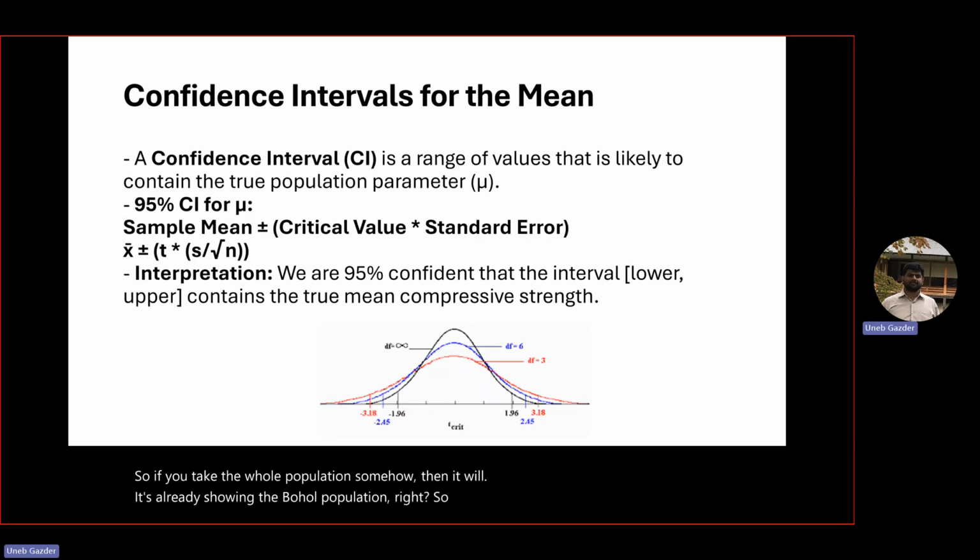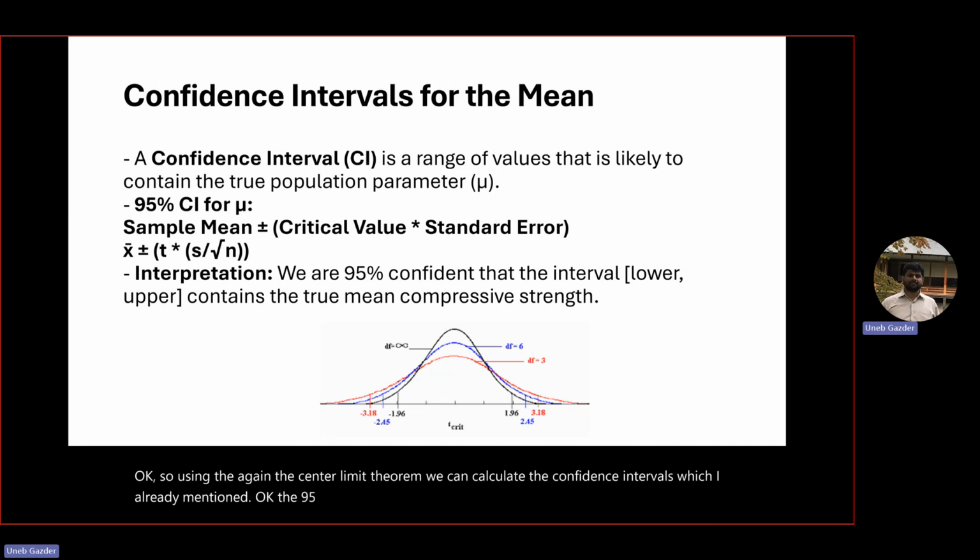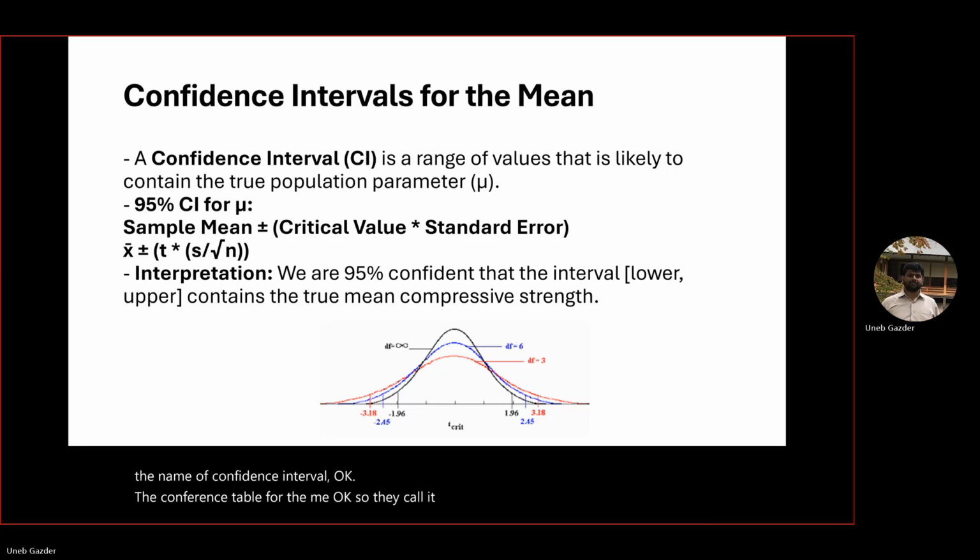So now you see the magic of the central limit theorem. How does it work? How can it benefit us? Using the central limit theorem, we can calculate the confidence intervals, which I already mentioned: the 68%, 95%, 99.7%. They give it the name of confidence interval, the confidence interval for the mean, the true mean.